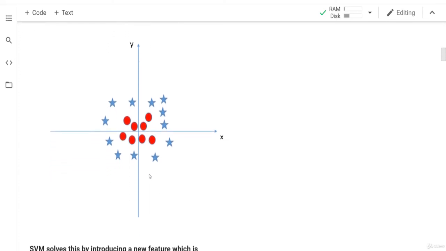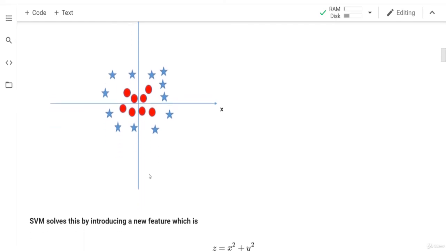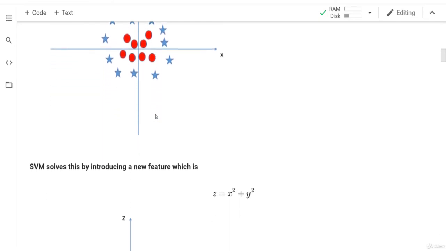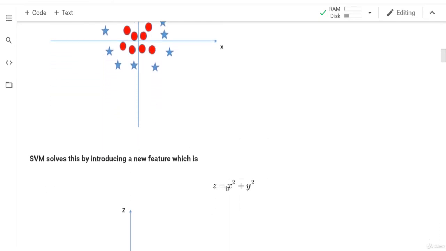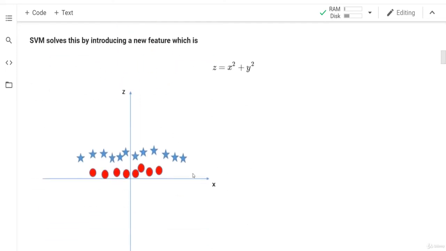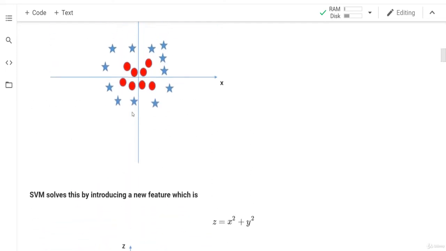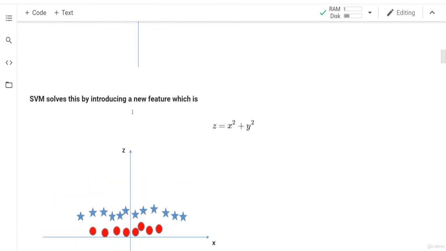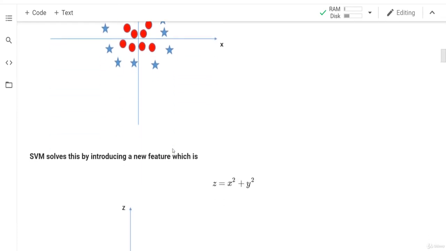SVM solves this problem by introducing a new feature. We have here X and Y. SVM will introduce a new feature called Z, and Z will be X squared plus Y squared. We take each point, take the X value and the Y value, square the X, and add the square of the Y, and now we have Z. So we now have X and Z instead of X and Y. If you look at the data in the new plane, we transformed the data from XY to XZ.